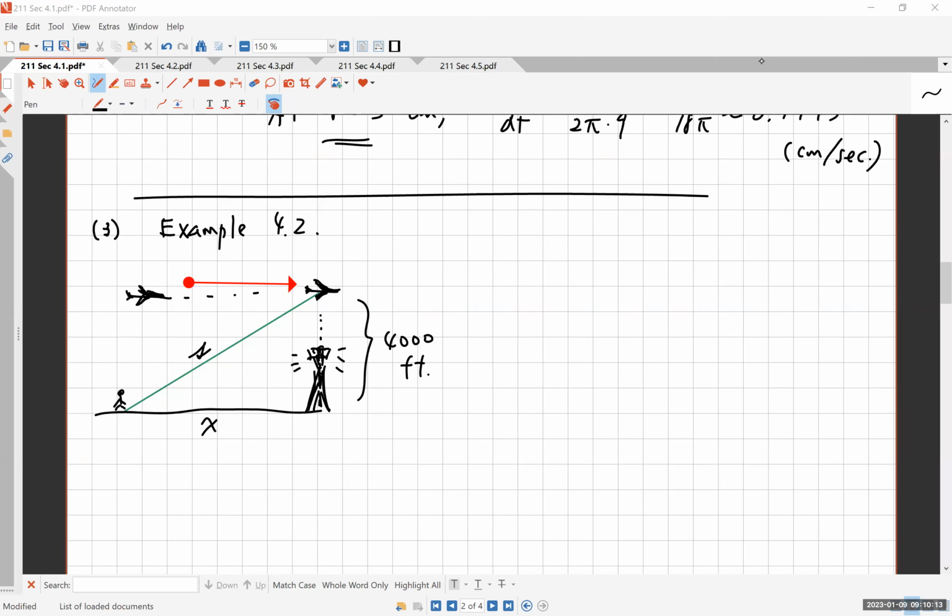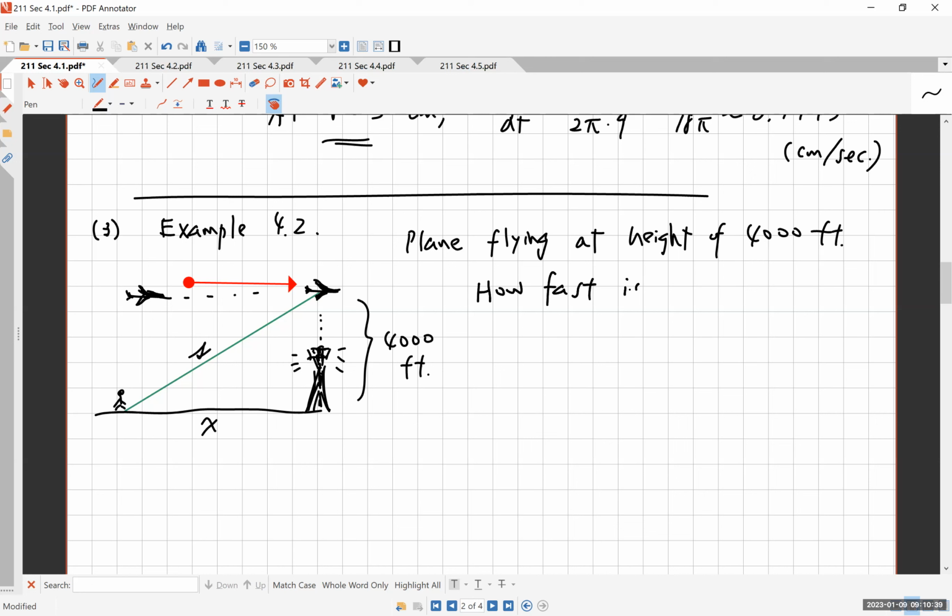All right, so here's the problem. Maybe I just drew a picture of it. Okay, I didn't write down exactly what I needed to write. All right, so the plane is flying horizontally at the height of 4,000 feet. Okay, and you can see that, and it's flying in the direction of this red arrow, right? And the question is this: how fast is your distance from where you are standing to the plane?